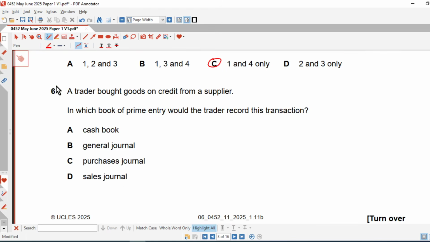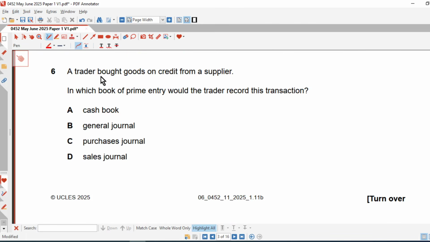Question 6. A trader bought goods on credit from a supplier. In which book of prime entry or in which journal would the trader record this transaction? Very easy, level 1 question. Bought goods on credit, these are credit purchases.